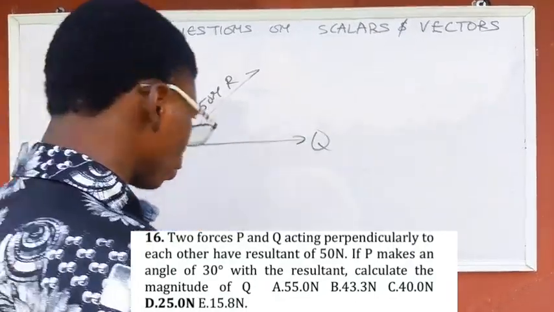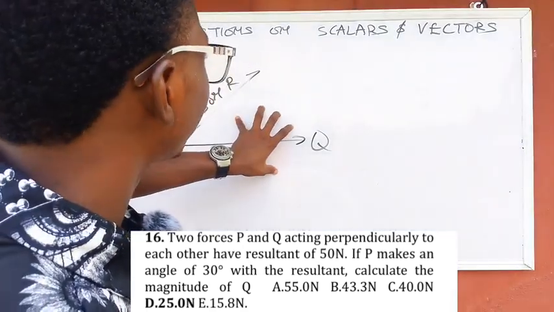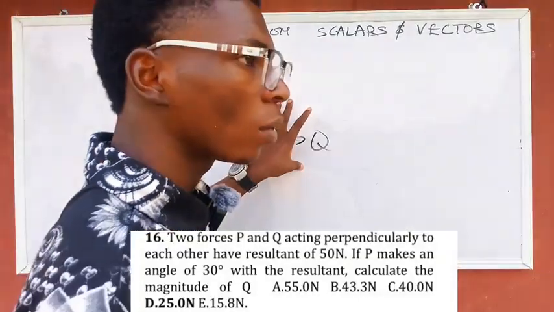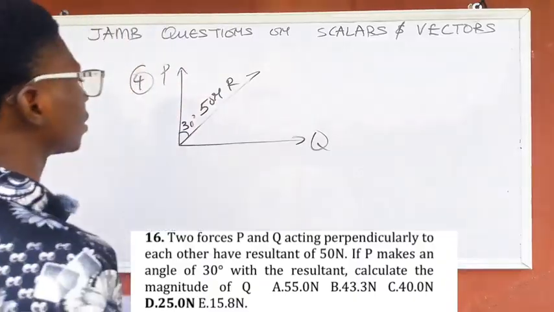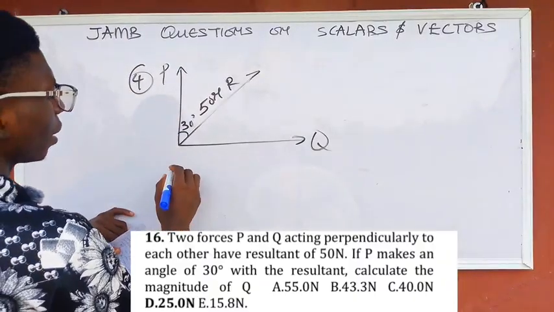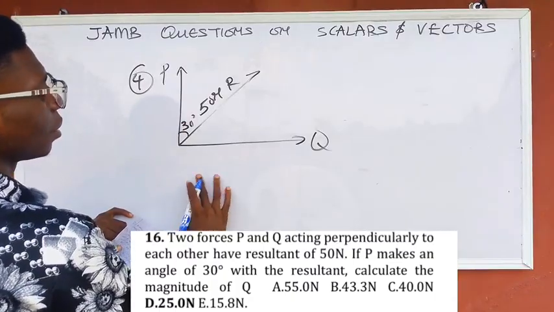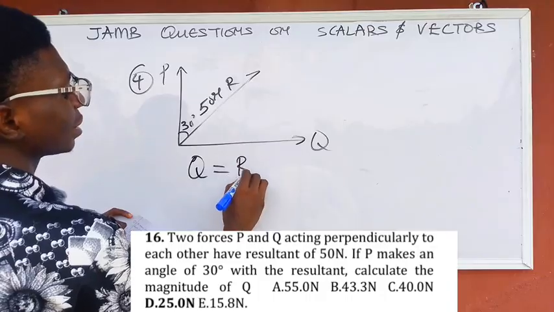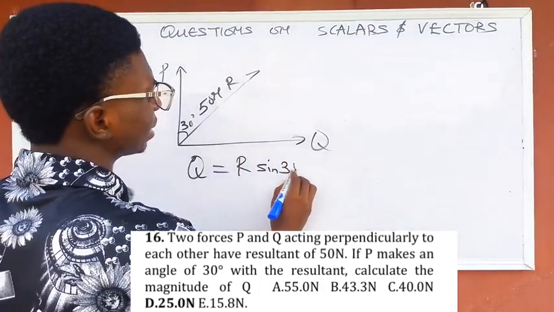So now we are going to resolve this resultant to get the value of Q. I did a video on that. This Q will now be resultant sine 30.